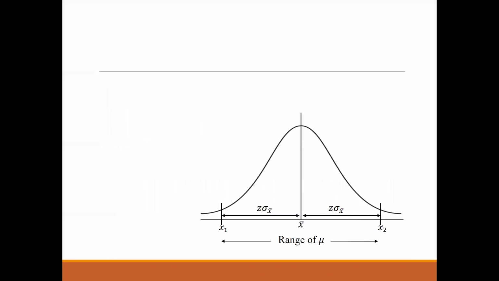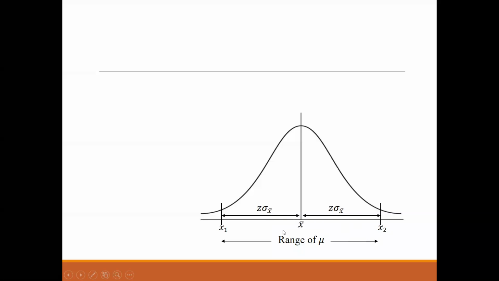Now if this is my curve, and we have this value of x1 and x2, where x1 and x2 are my two extreme points, once we find the value of x bar, I'll use that value on both sides as x1 and x2. So this whole thing becomes my range. From x1 to x2, the bigger the range, the more confident I'll be.